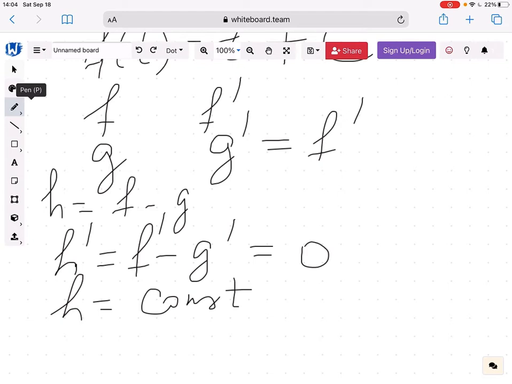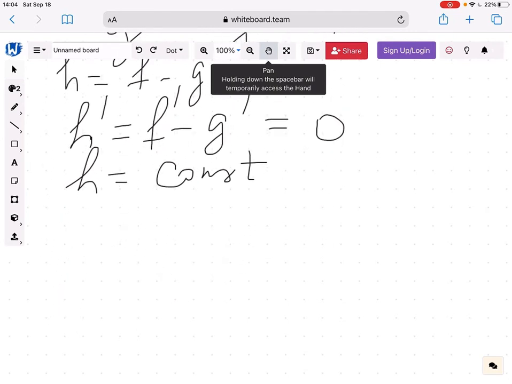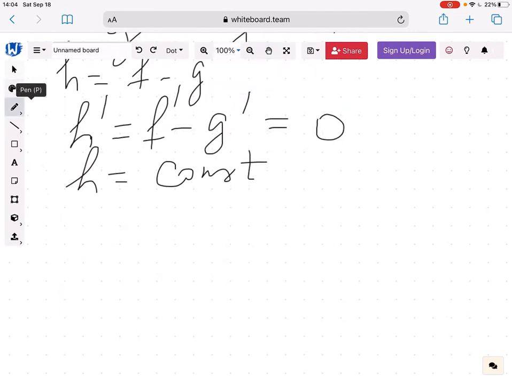So what it really means is that when somebody gives you a derivative of a function, f prime, the way to find all the possible options for the function that produced this derivative is to guess one function f that produces that derivative.